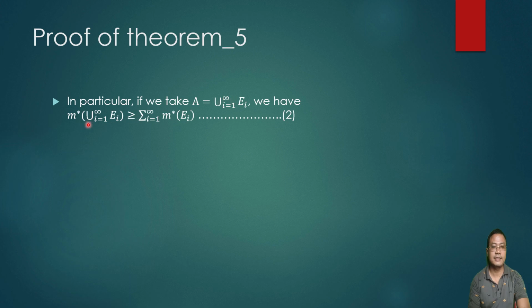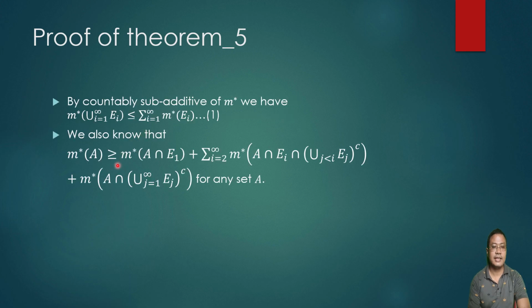Why? Because if you take A equal to the union of E_i, then A intersection E1 will be E1 because they are disjoint. So this will be E1, and here also this will be E_i. So when i is equal to 2, this will be E2, i is equal to 3, this will be E3, like that.